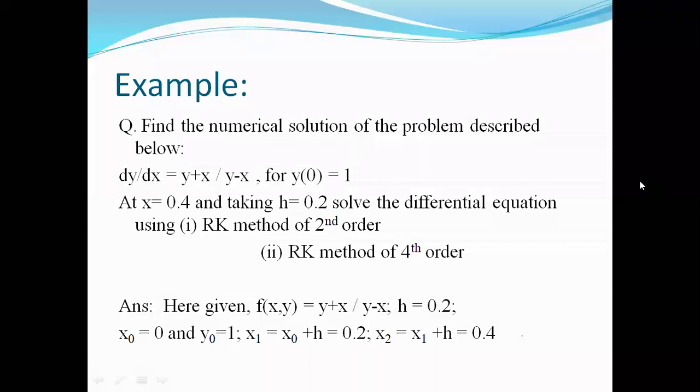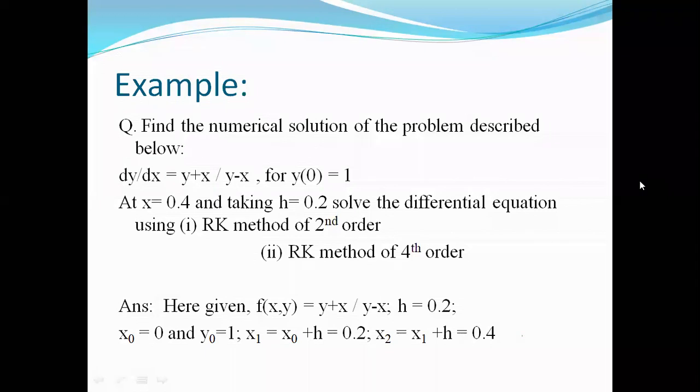So as x0 and the step size are given, we can find the different steps until we reach x equal to 0.4. So x1 is 0 plus 0.2, that is 0.2, and x2 is 0.2 plus 0.2, that is 0.4. So we have to find y2.